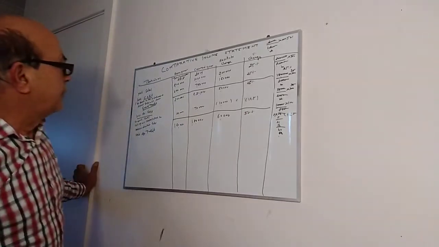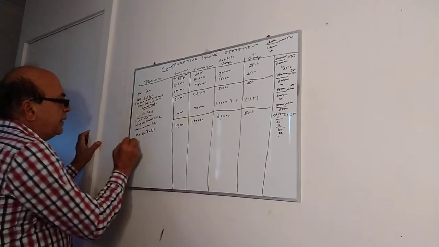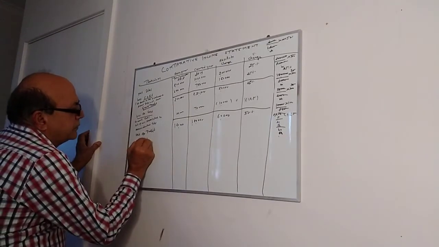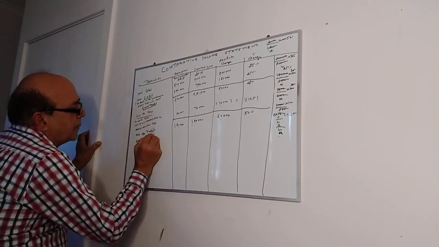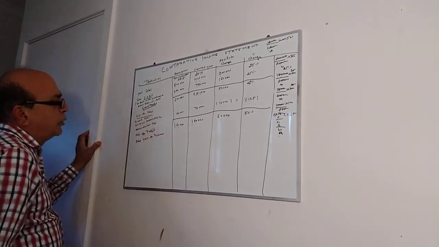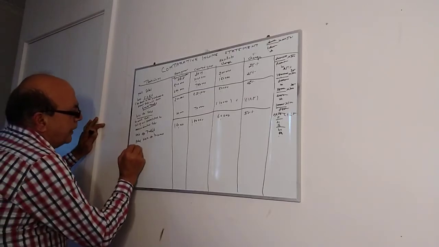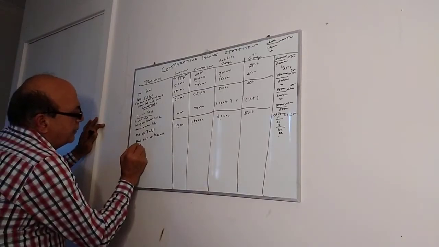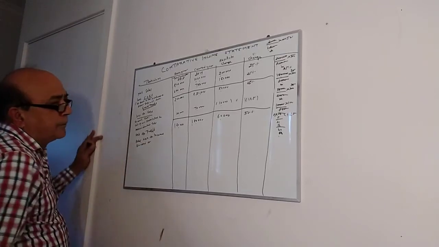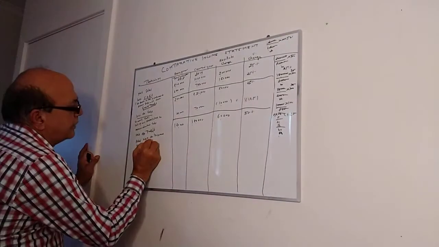So net operating profit 1,20,000. Add non-operating incomes. What are non-operating incomes? Like you are receiving dividend, or you have let out some properties and you are receiving rent.